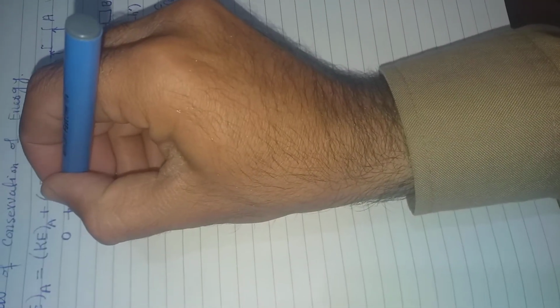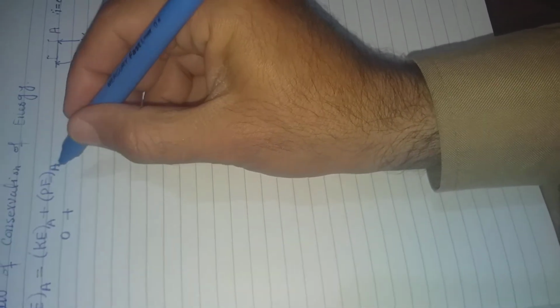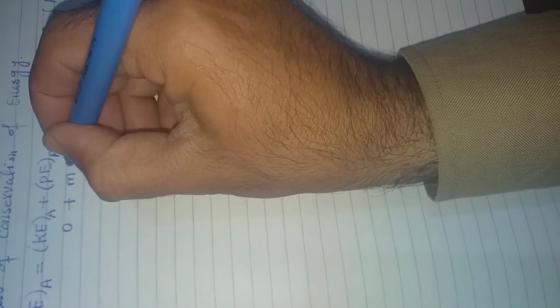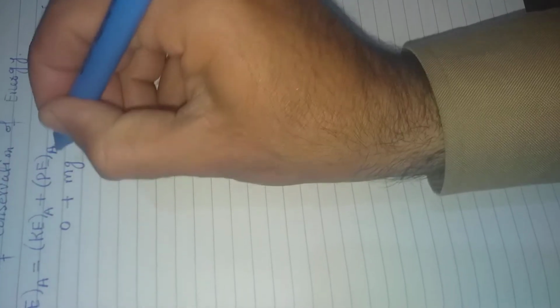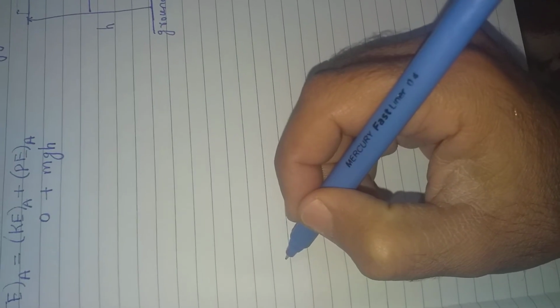So let me explain what the amount of potential energy is. According to the formula of potential energy, we know that potential energy is the mass of the object, gravitational acceleration, and the height of the object from the surface of earth, that is h, because at point A the object is placed above the surface of earth at height h.